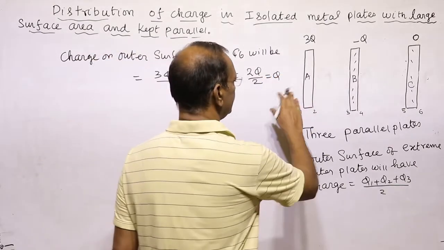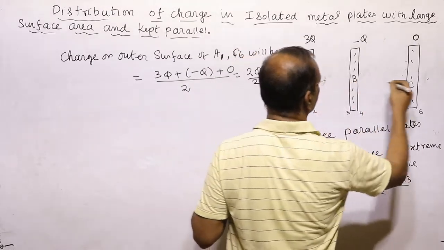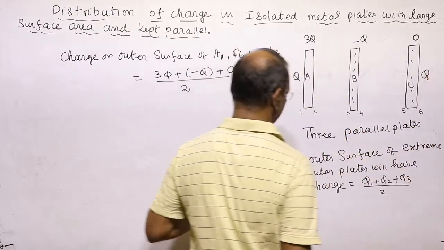It means the extreme plates' outer sides will each have a charge of plus q.